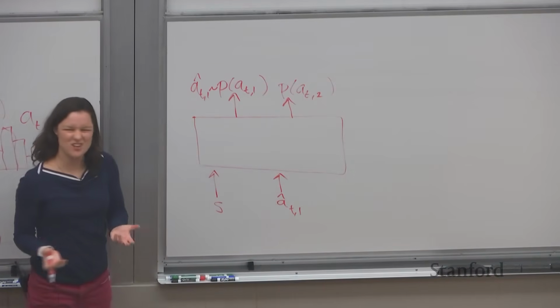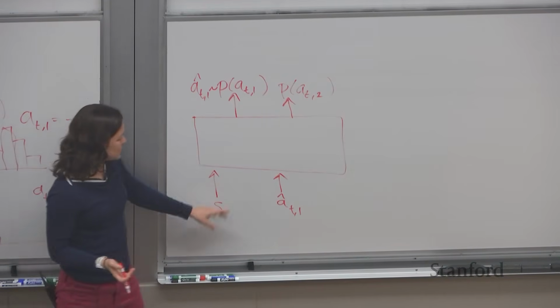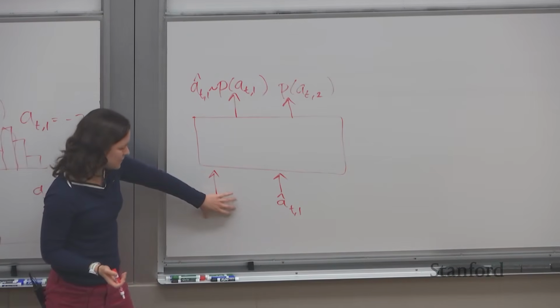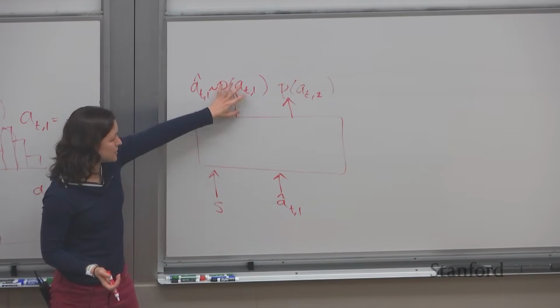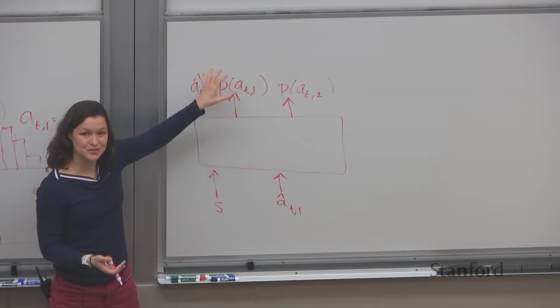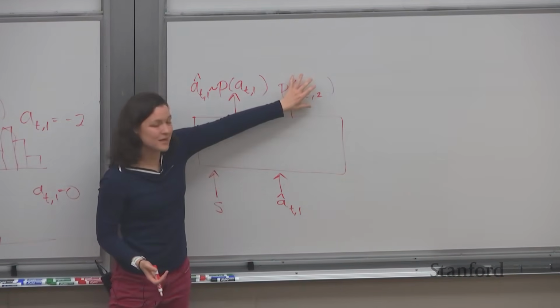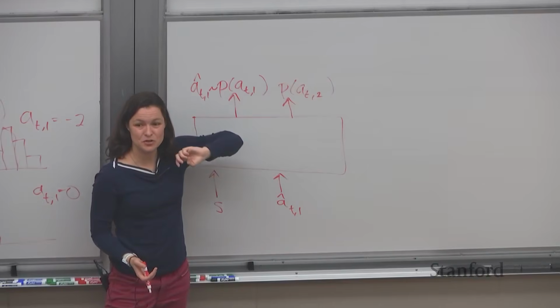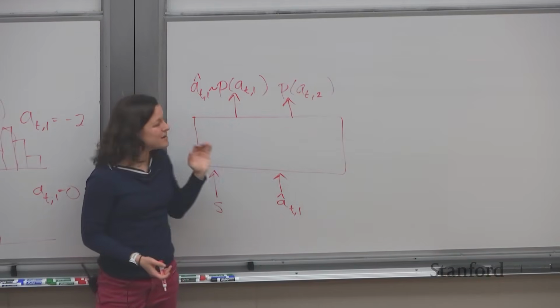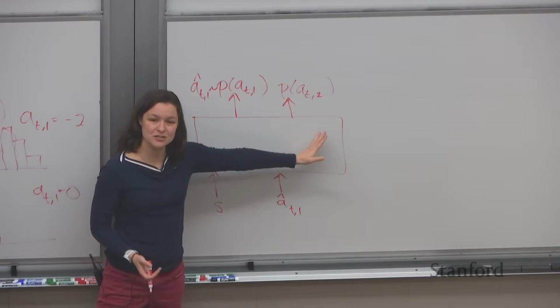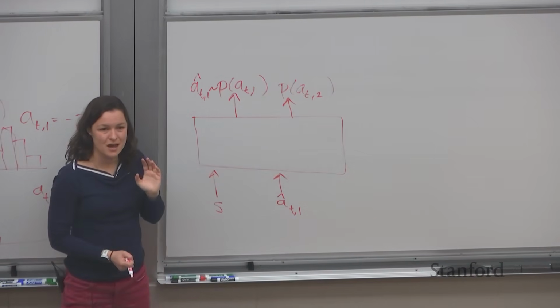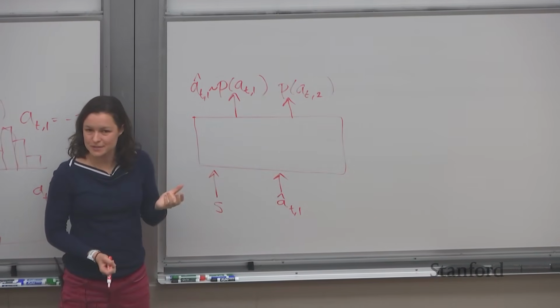And this is exactly how language models work, where you'll have some sort of beginning token, you'll predict a distribution over the next word, you'll sample a word from that, pass that sampled word back into the model, and then predict a distribution over the next word. Except now we're doing it over dimensions of our action sequence rather than over different words in a sentence.